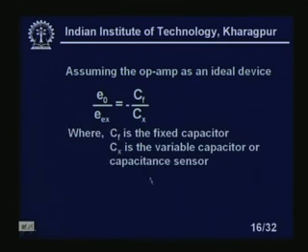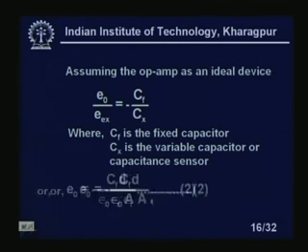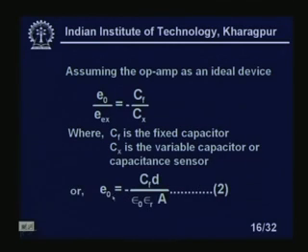Where Cf is the fixed capacitor, Cx is the variable capacitor or capacitance sensor actually, and immediately we can write E naught equal to minus Cf D by epsilon naught epsilon r A times Ex. So, you see that we have linearized it, the output voltage is linearly proportional to D. So, our measurement becomes more simple if we use this type of arrangement.